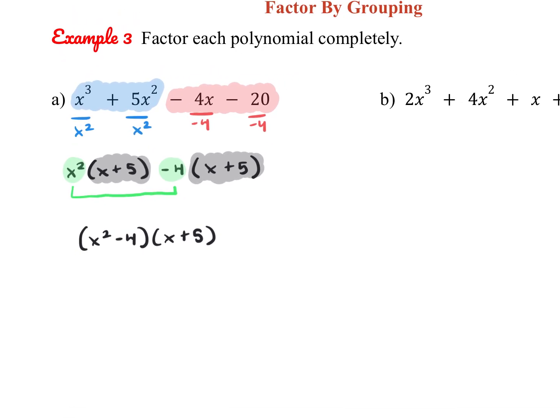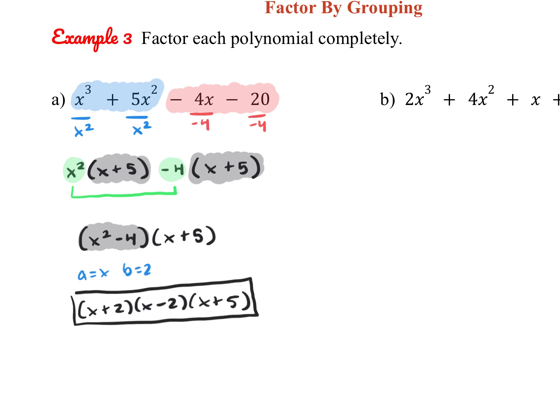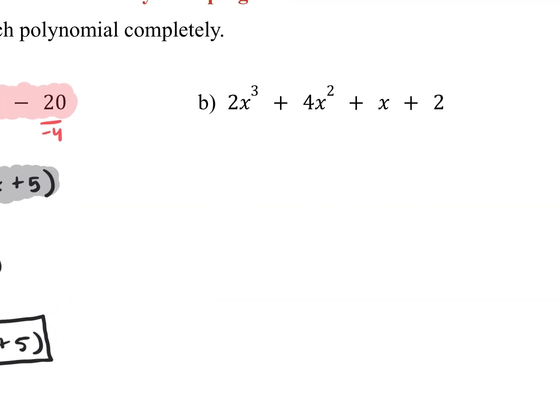Here, we have an interesting case where we can actually factor more. So hopefully we realize, oh, this is difference of 2 squares. So we have x plus 2 times x minus 2 times x plus 5. So sometimes after we factor by grouping, we can actually factor a little bit more. Sometimes you can't.